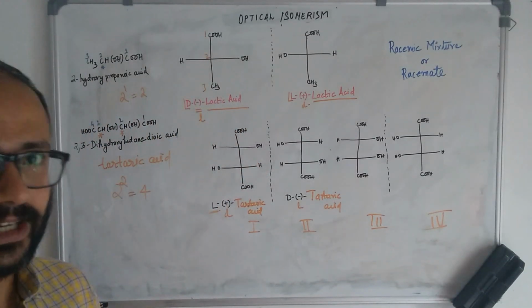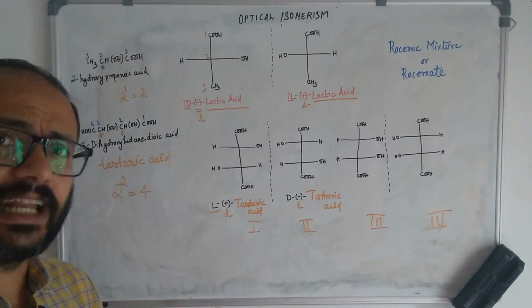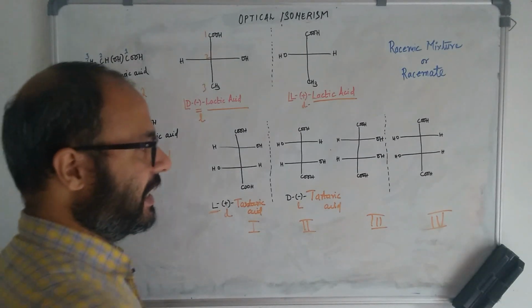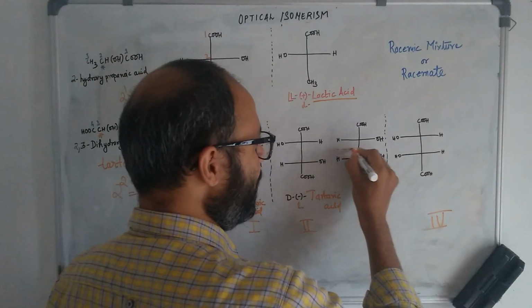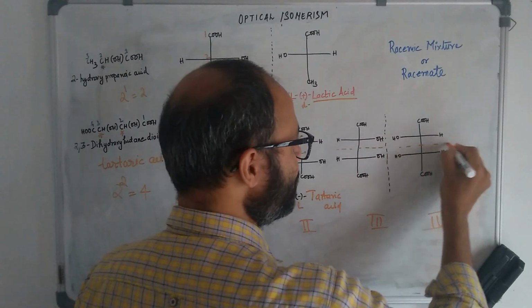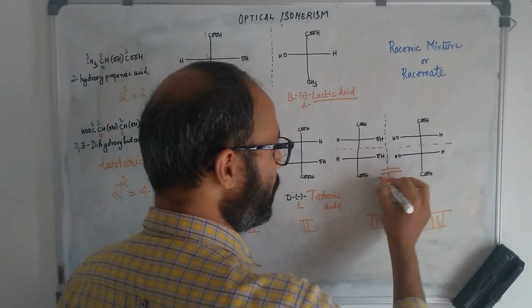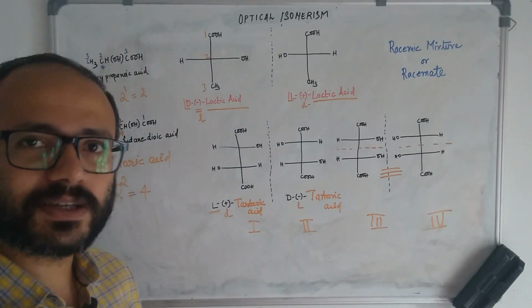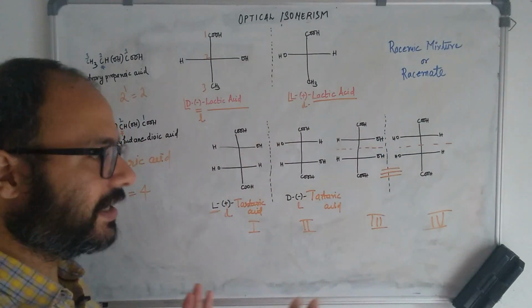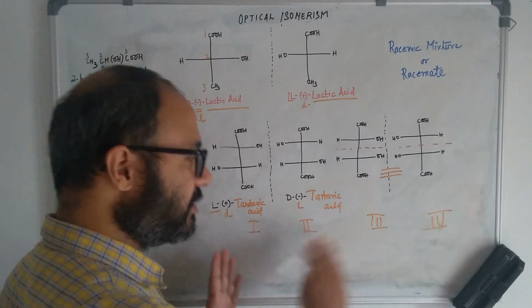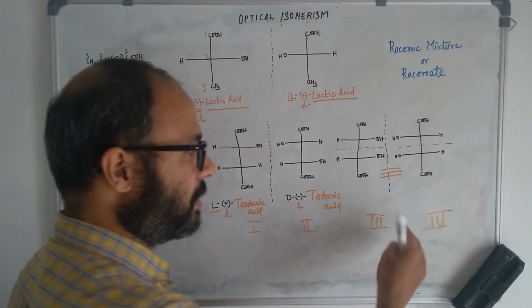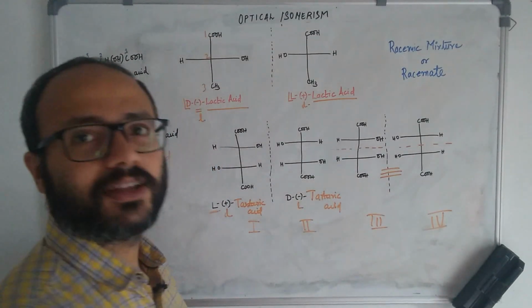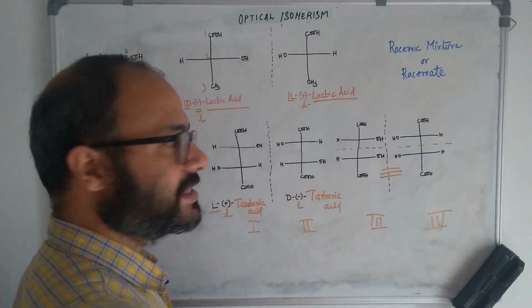They won't have any effect on the plane polarized light because of the presence of the plane of symmetry in these molecules. These are the same molecule. So if you are asked how many stereoisomers are possible, you will draw the 4 and ultimately show that only 3 stereoisomers are possible because the fourth one is the same as the third one.